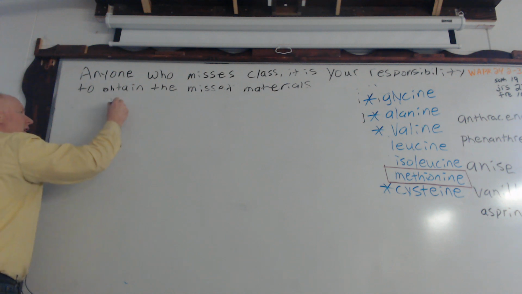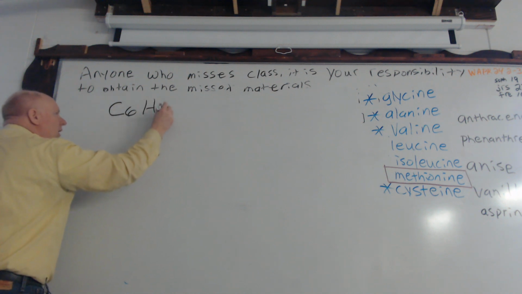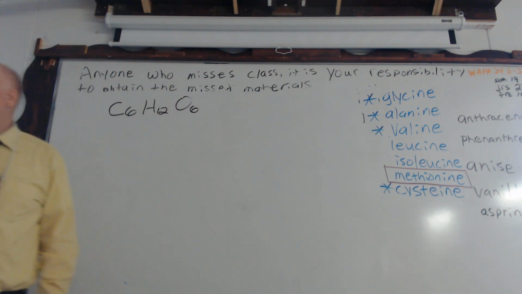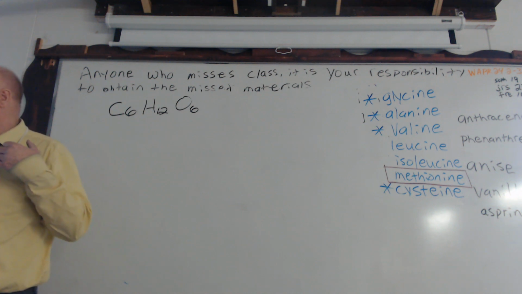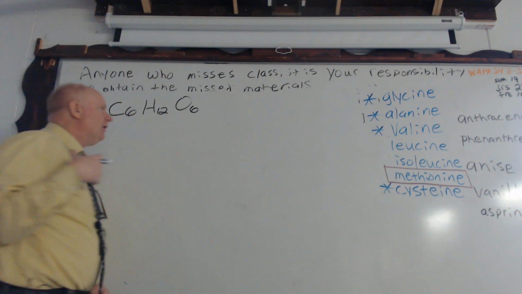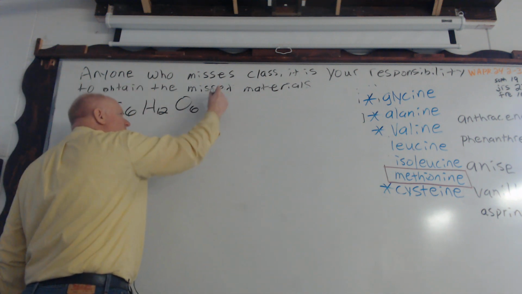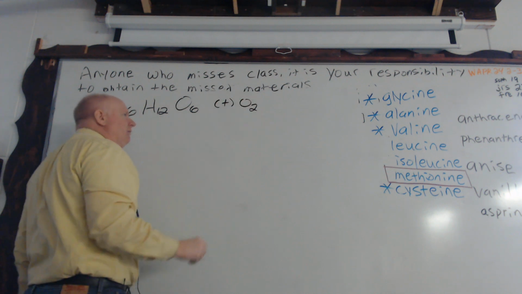So glucose has this formula, C6H12O6. Okay? And if we were talking about any type of animal or human, you could say that we actually burn this, right? For fuel. You don't need to write this part down, because don't we need oxygen?